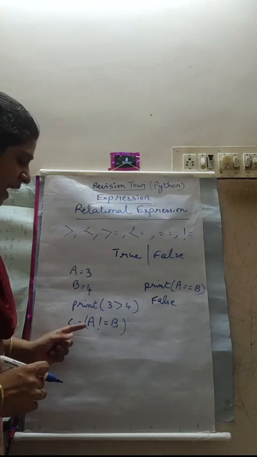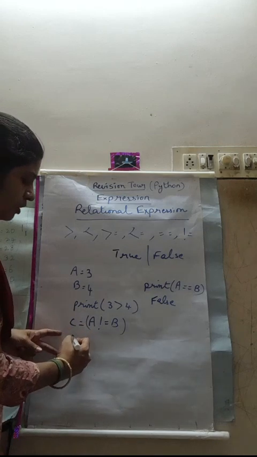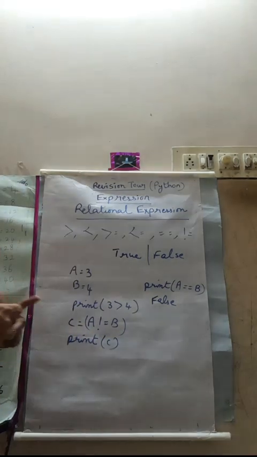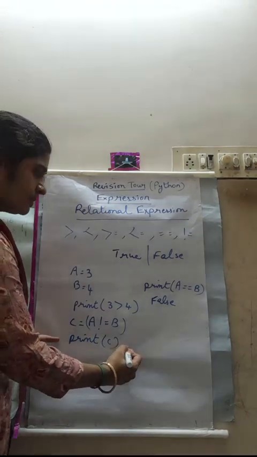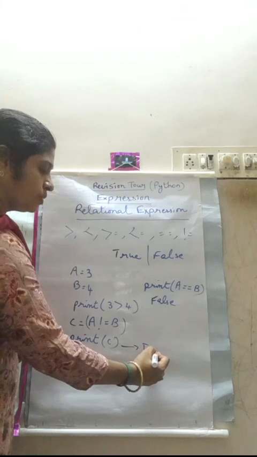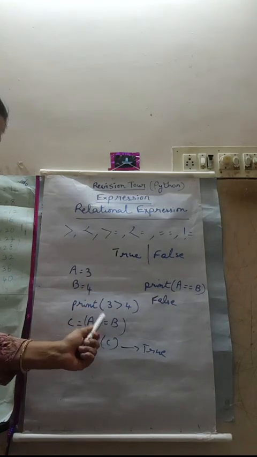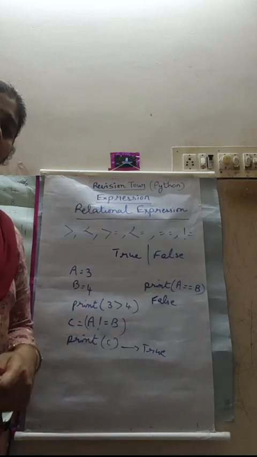So is A not equal to B? Yes, this is true. So if I write print C, the value of C would be true. This is how relational expressions give you output as either true or false.